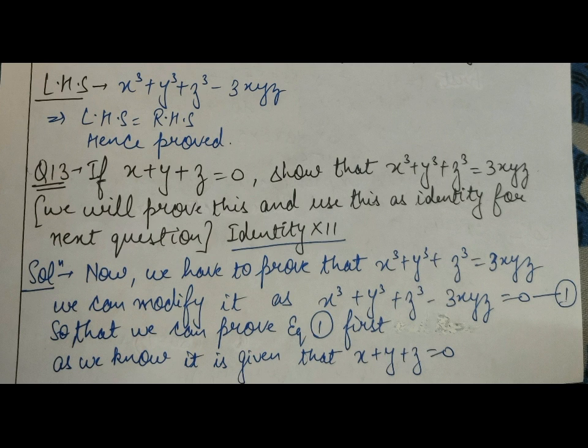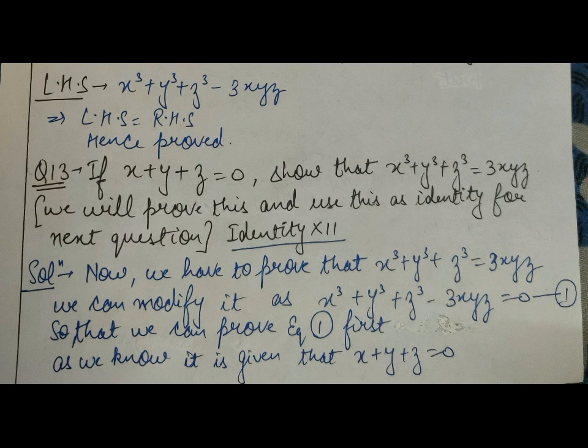Now in the next step we can just modify our to-prove, that is x cube plus y cube plus z cube minus 3xyz is equal to 0 we can write. That means we have just shifted our RHS to LHS and named this whole equation as equation number 1, so that we can prove equation number 1.